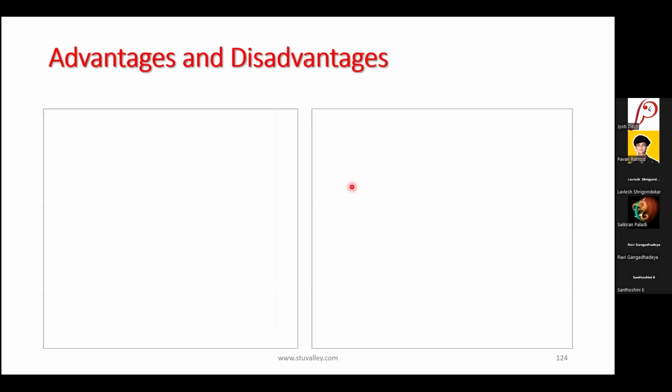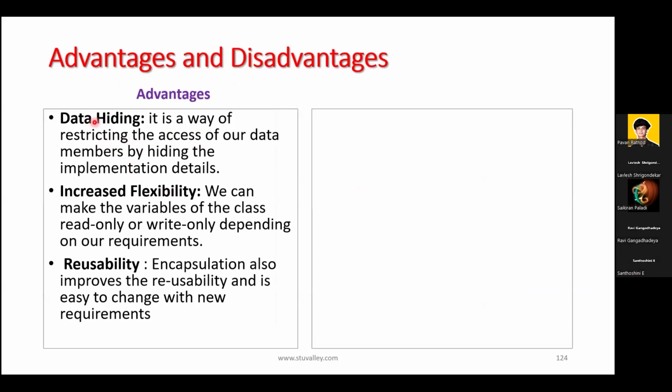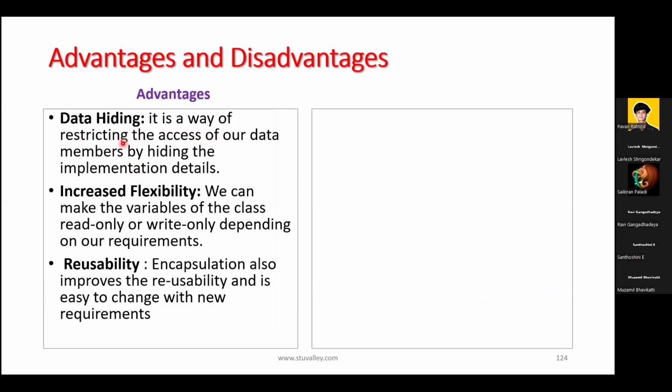Next, we are going to see the advantages and disadvantages of encapsulation. First, the advantages. The first advantage is data hiding. As we have seen, the main advantage of encapsulation is always data hiding. It is the way of restricting access to our data members by hiding the implementation details. The second one is increased flexibility. We can make the variables of the class read only or write only depending on our requirements.